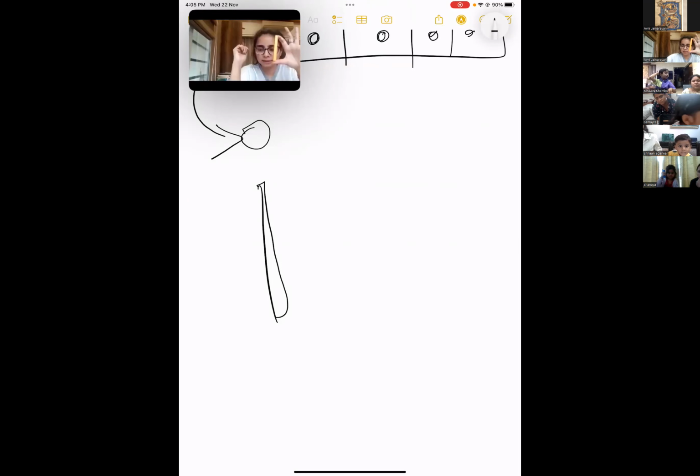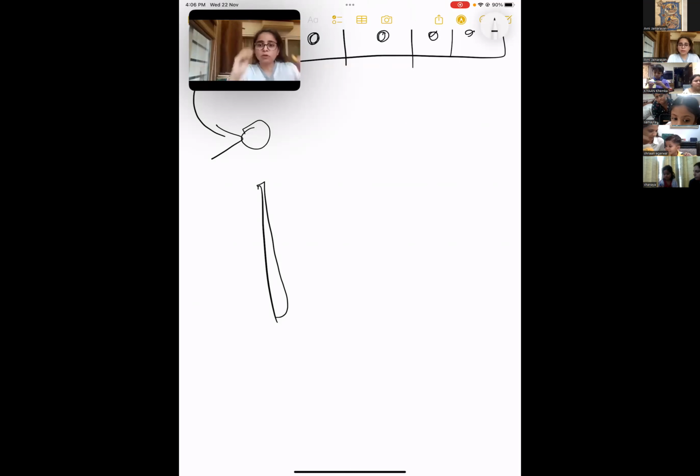So this is the tens rod. And why do we call it 10? Because if you count, children, it will have 10 small pieces in it, which are stuck together. Along with this, you have the small cubes, and we will always call them ones.